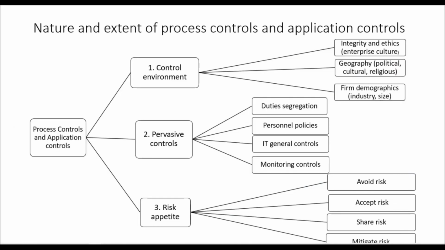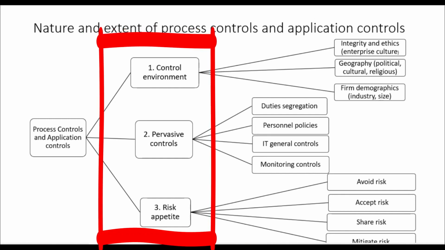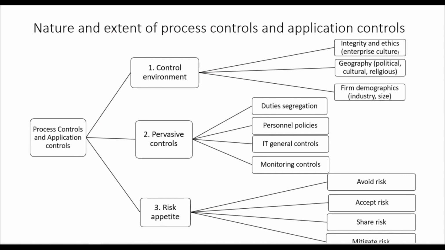So the nature and extent of process controls and application controls depend on three aspects: control environment, policy controls, and the risk appetite of the enterprise.